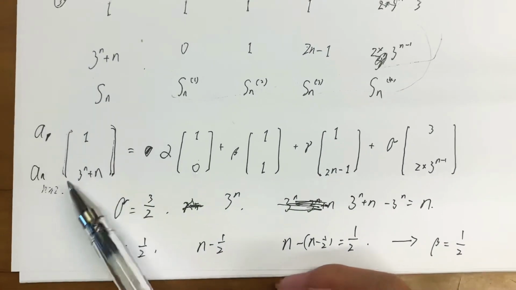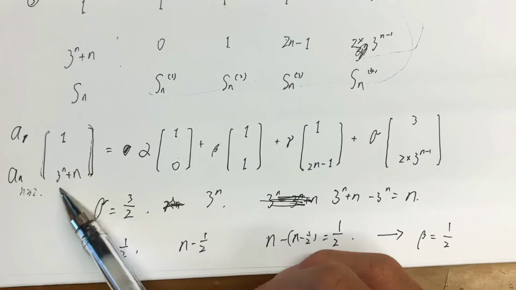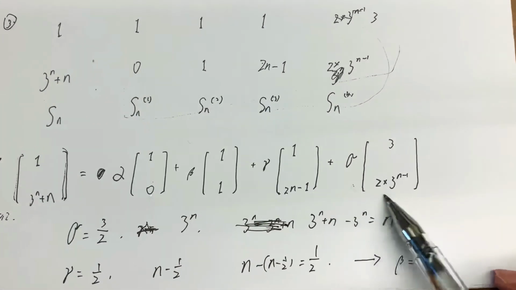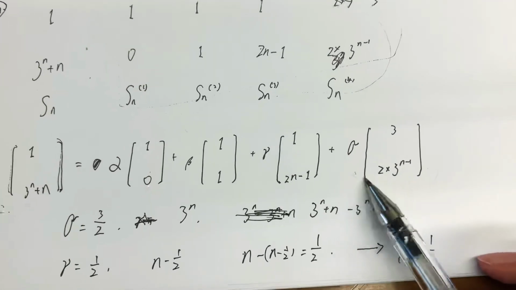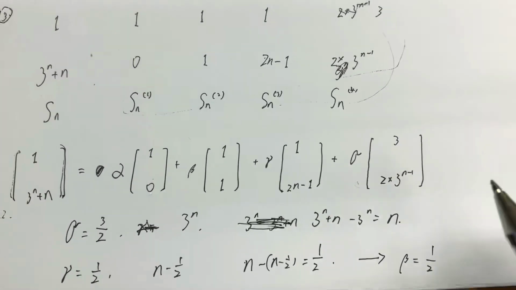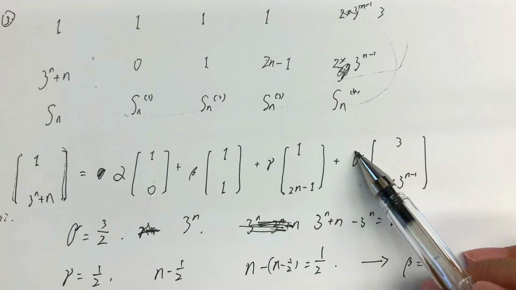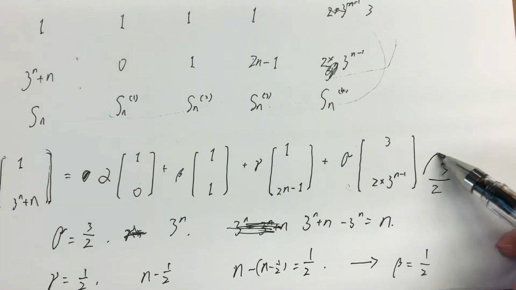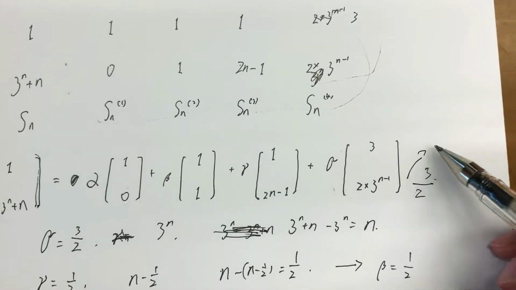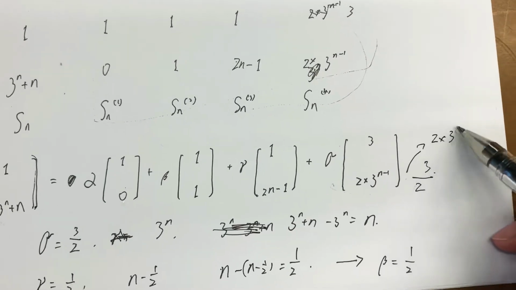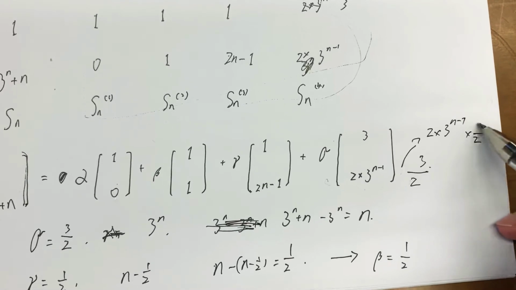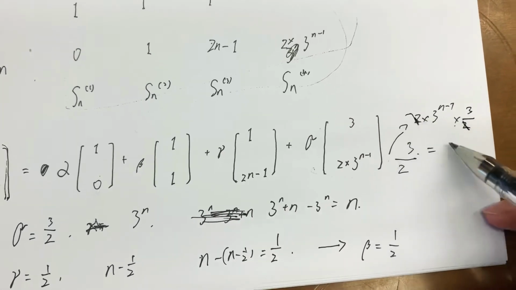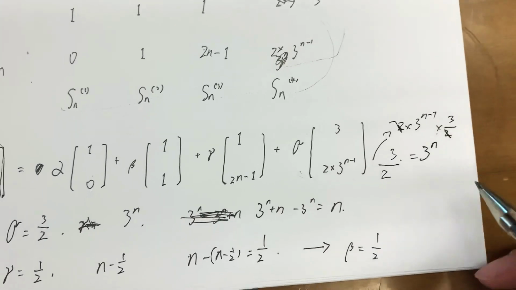So we see that there is only one element in the shape of 2 power n. This is the only element that can give 3 power something. So theta needs to be 3 over 2, so that when 2 multiplied by 3 power n minus 1 is multiplied by 3 over 2, you see, the factors cancel out and it gives 3 power n.